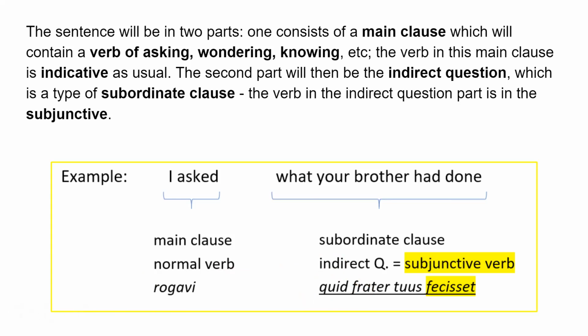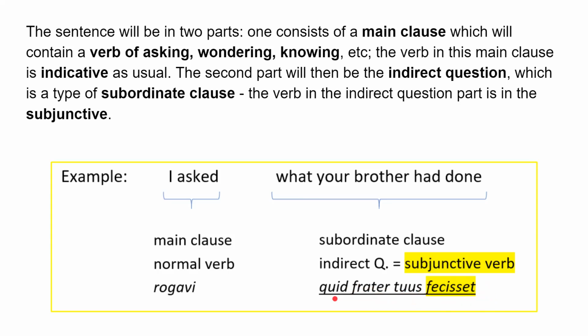You could actually introduce a direct question with quis or quid. It means what. And then it's formed just like a direct question, except the verb right here is going to be in the subjunctive. So notice it's a pluperfect subjunctive. What your brother had done.